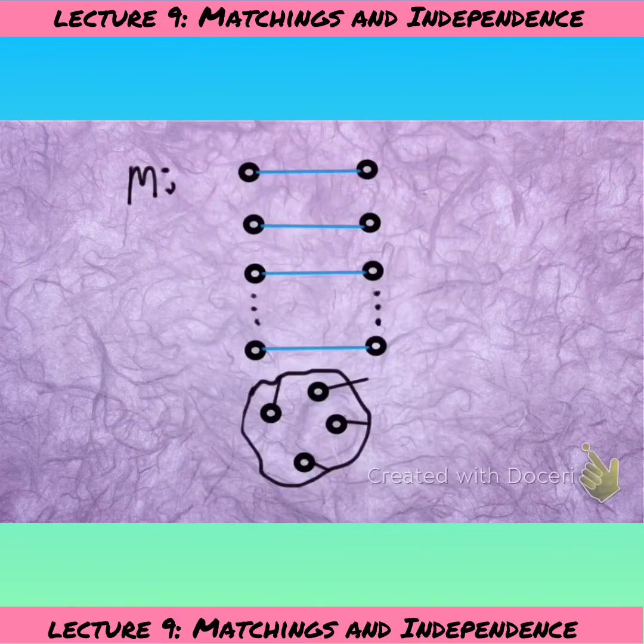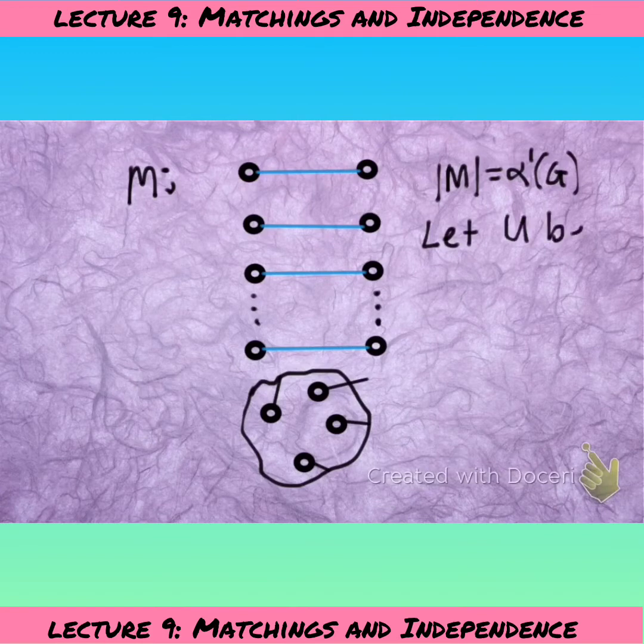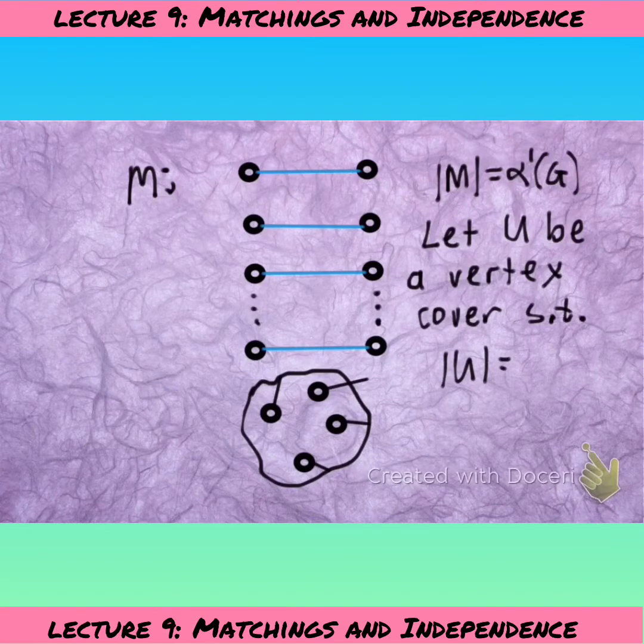Let's take a matching M, and let's take this matching to be of cardinality exactly equal to the matching number of the graph G. Let U be a vertex cover such that the cardinality of U is exactly equal to the vertex covering number. Okay, so we're going to color the vertices of U yellow.